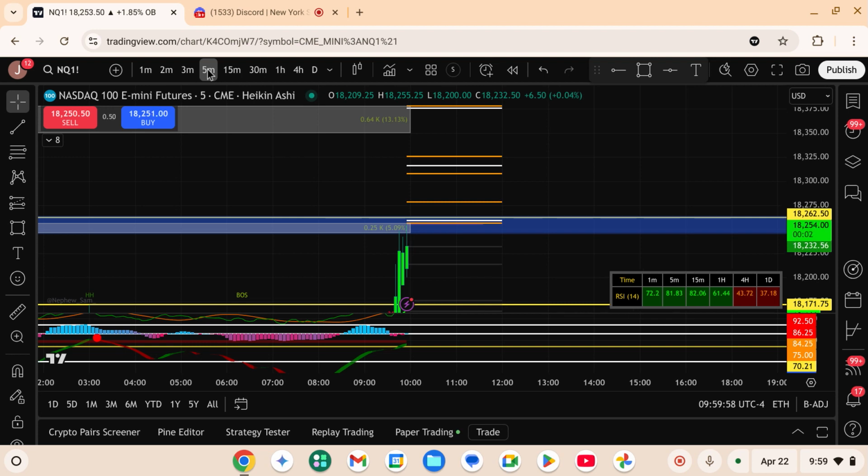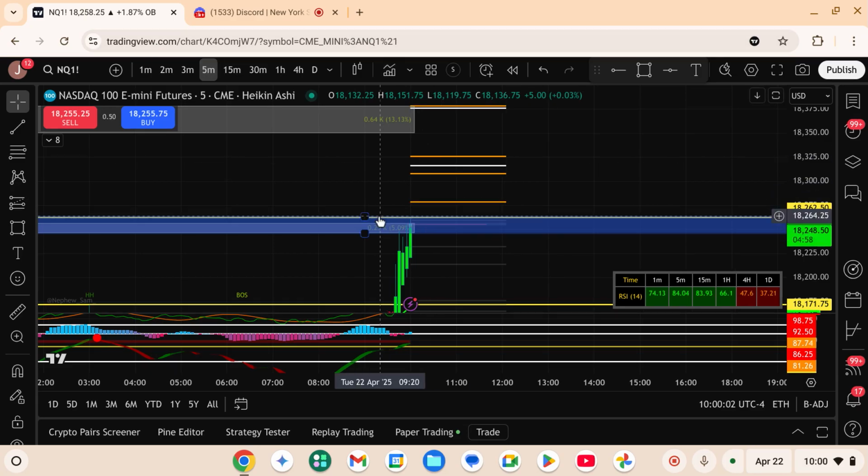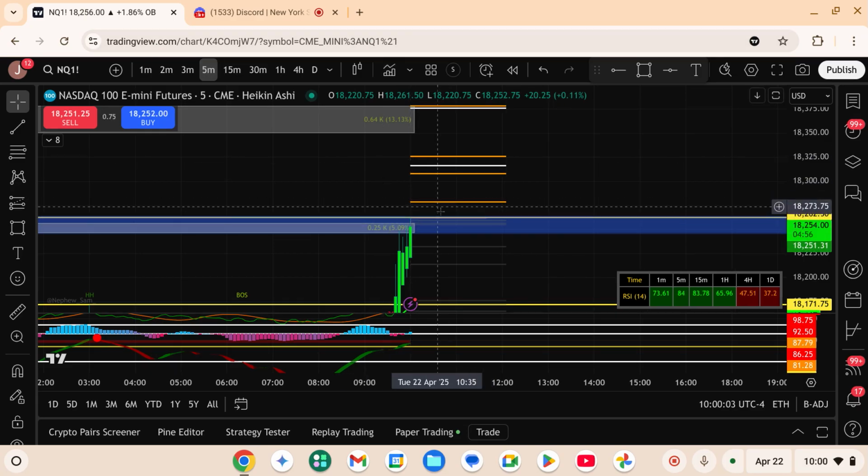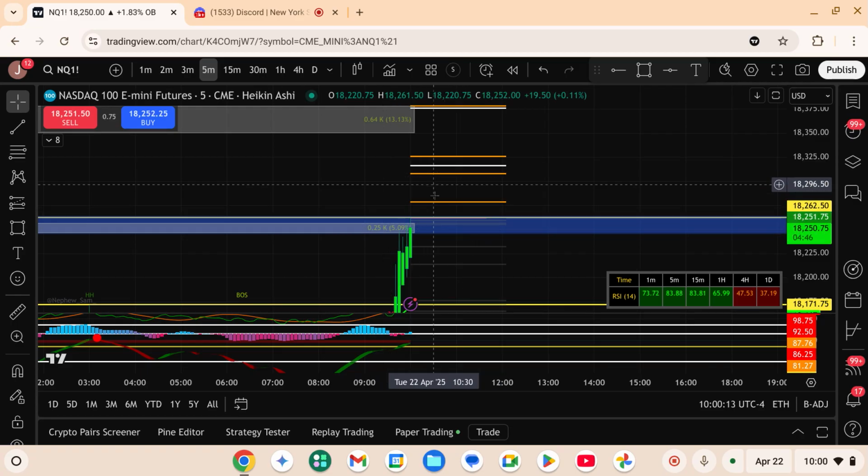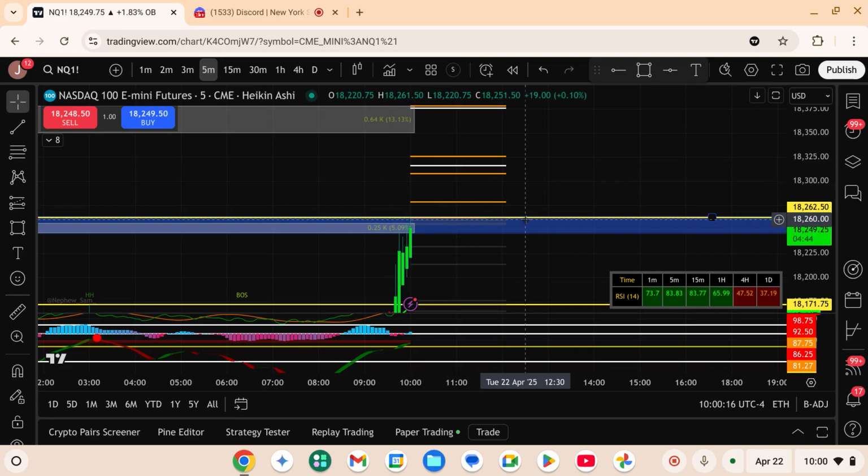So if it doesn't end up giving us a pullback, our next entry would be here, like a break above here, and then we will put our stop below this order block if it doesn't give a pullback.